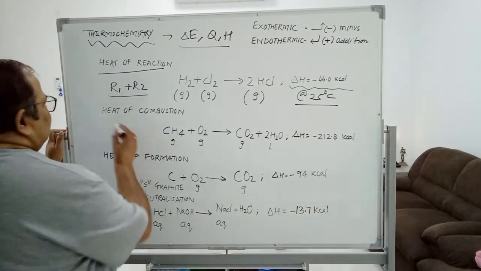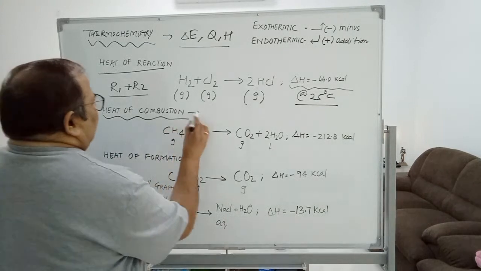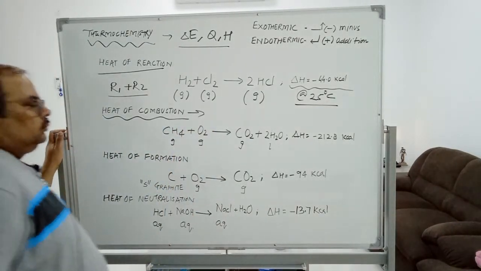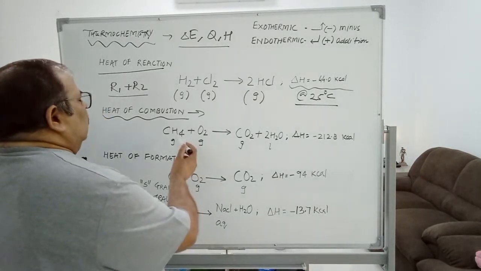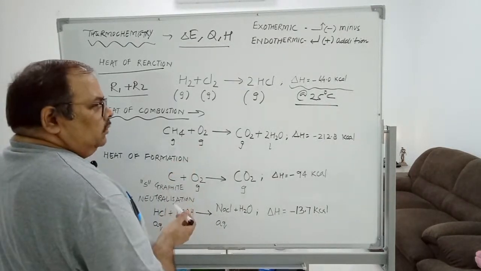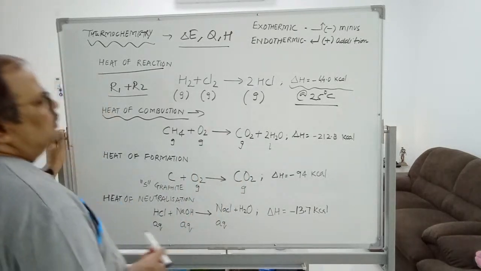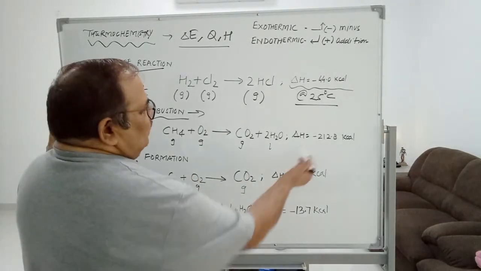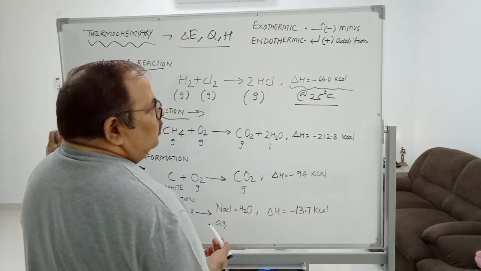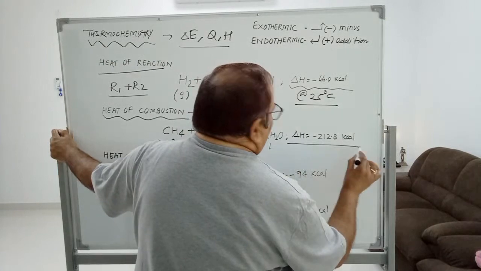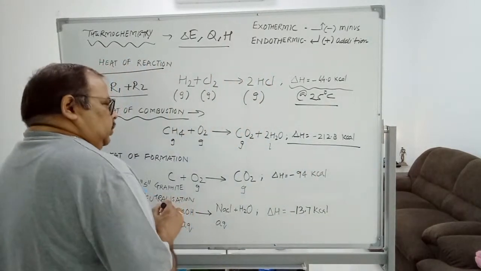Now the second is heat of combustion. Reactant gets combusted and forms products. In this case, the heat evolved is termed as heat of combustion.